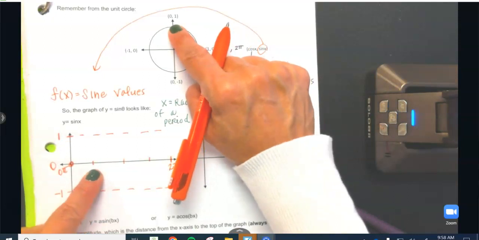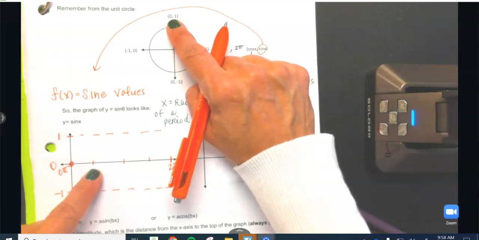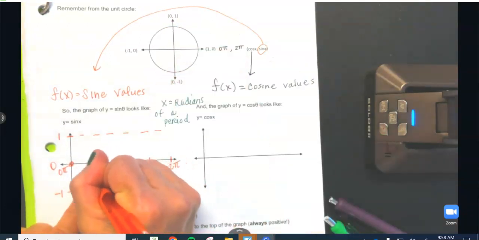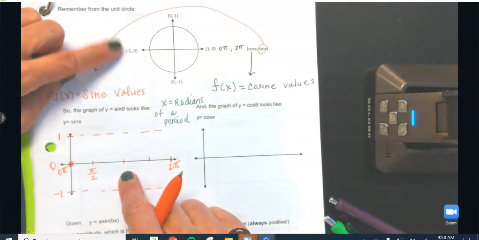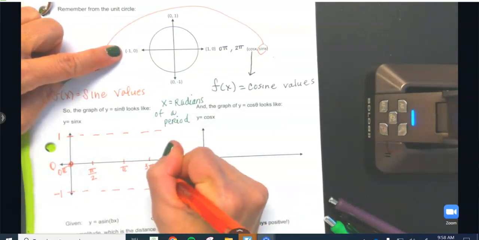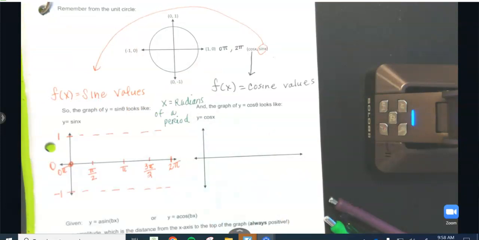The top, y'all remember the radians of the top? What's the radians up there? There you go. Good job. That's going to be pi over 2. What's the left side? Just pi, yes. And the bottom is, there we go, 3 pi over 2. It's coming back to us. And remember, it would take us back to the beginning, which is 2 pi.